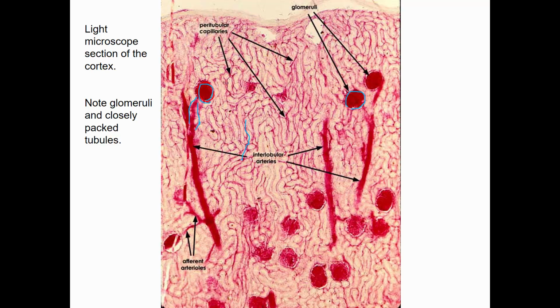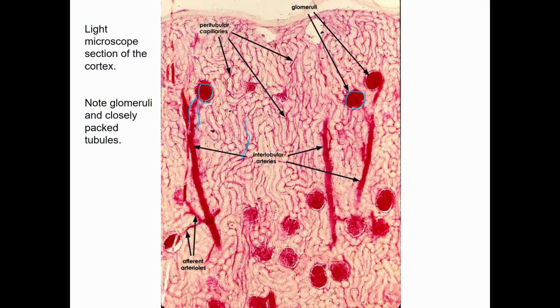This is kind of interesting. It's a portal system. So you have an arteriole to a capillary bed, then another arteriole to a second capillary bed. So two capillary beds in series where you don't have to go through the heart. That's called a portal system. Other thing is, up in the cortex, you just see lots and lots of tubes.